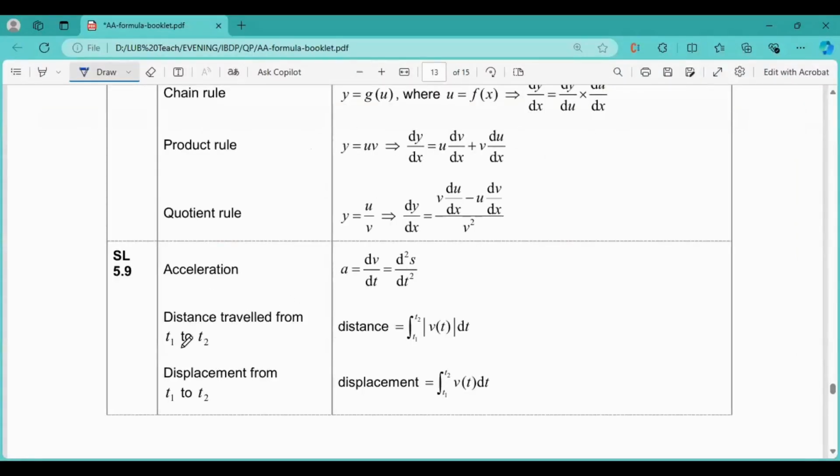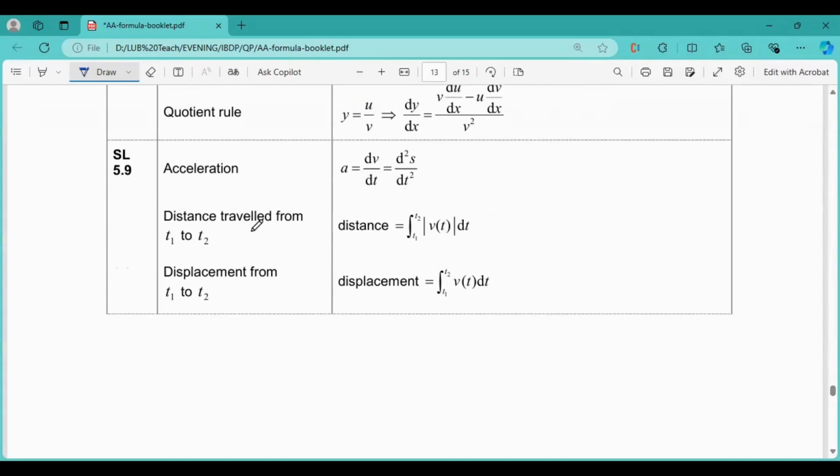Distance traveled from T1 to T2 is the integral of the modulus of V of T dt. Displacement from T1 to T2 is just the integral of V of T dt. That's the difference, so we have to use this formula. This is our case, and we can go with that.